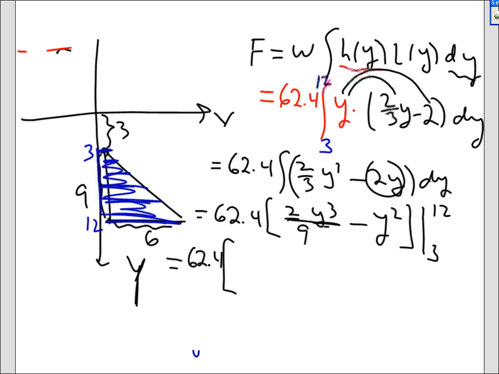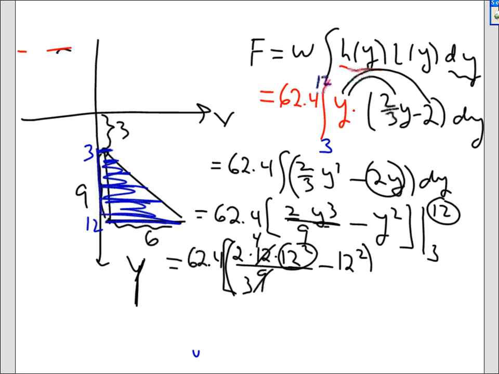You plug in 12. You have 2 times 12 times 12 squared over 9. 3 goes into these numbers 4 and 3 times. So you have 8/3 times 12 squared minus 12 squared.